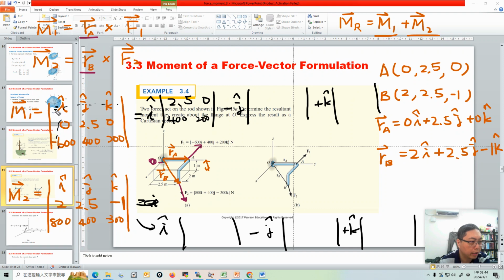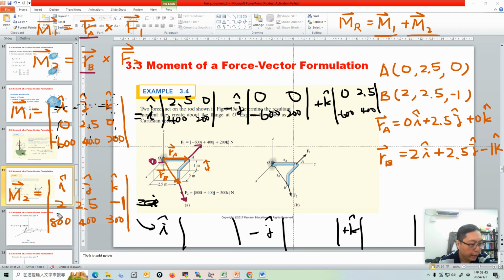Minus j, block these two elements. Very good, I think this must be 0 after all. And k, block this element, so it's 0, 2.5, minus 600, 400.